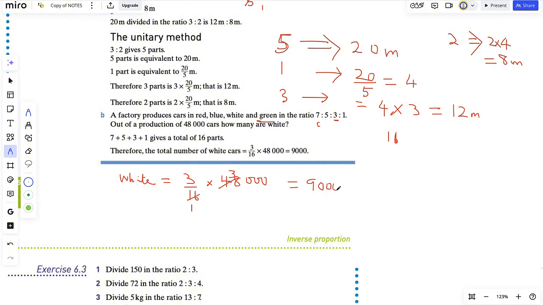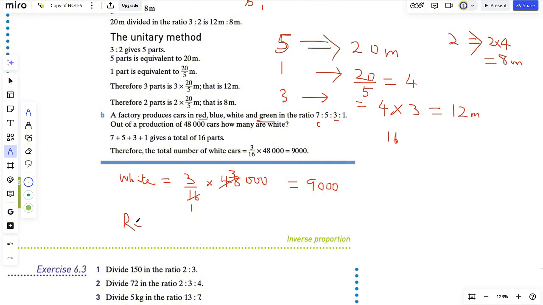If you want to find red, it's the same thing. Red is the first one, so the first ratio is for red, 7. You do 7 times 3,000, because we already divided 48,000 by 16 and got 3,000. So you just say 7 times 3 is 21. So red cars will be 21,000.